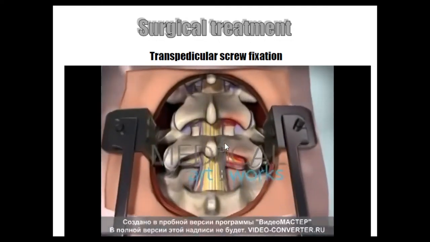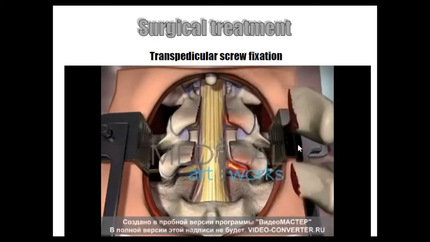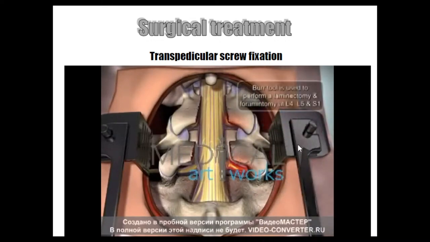So what the doctor will do next, he will cut the arc, cut the lamina. Take a look, take a special instrument, cut the laminas and perform laminectomy on 2 levels. Quite a traumatic procedure.